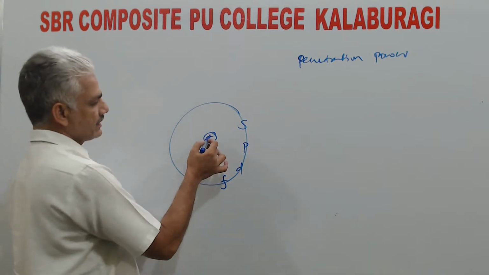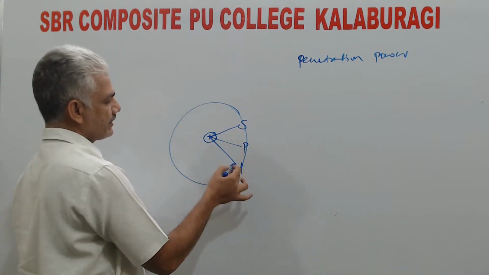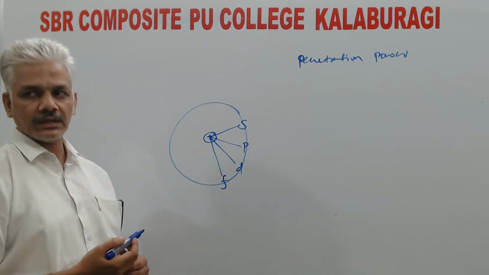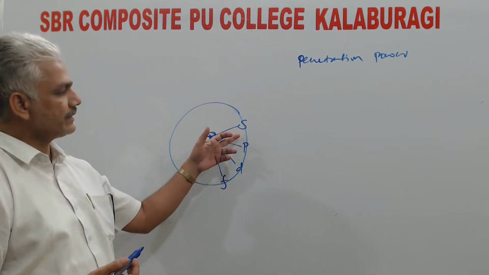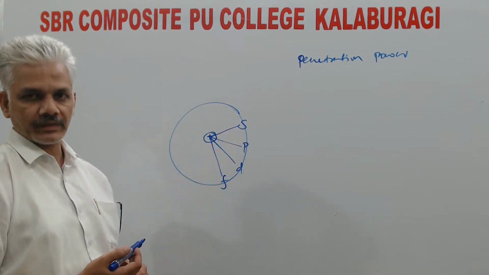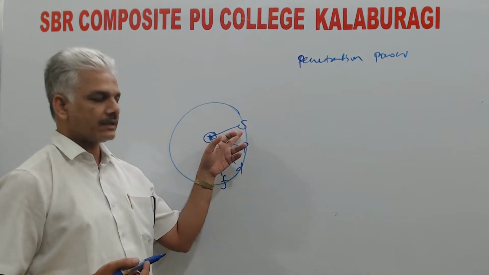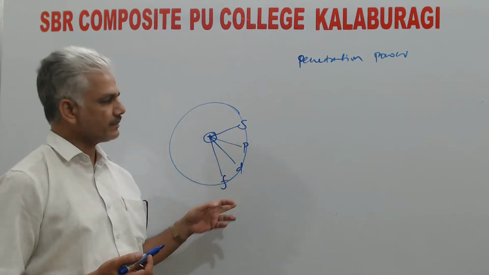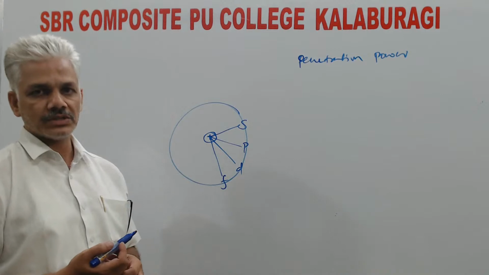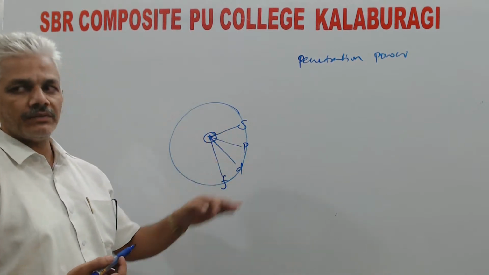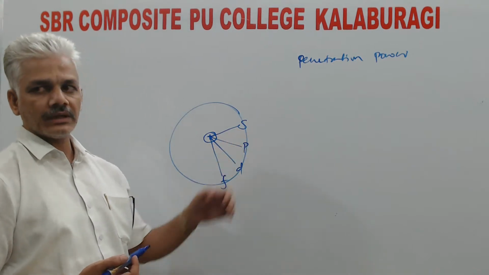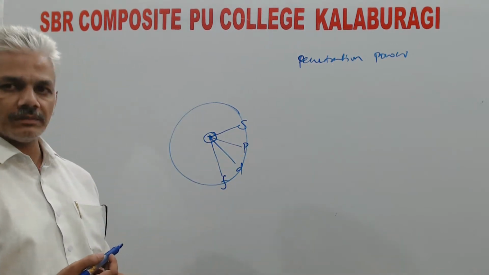It appears that these are equidistant from the nucleus, but they are not exactly equidistant because of the difference in their shapes. Because of that difference in the relative distances of sublevels present in the same main energy level, there will be a difference in the energy required to take out an electron from those sublevels.